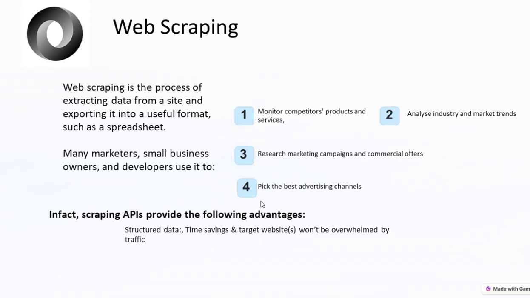Web scraping is used for various purposes: competitor research, marketing companies, finding the best advertising channels. You can analyze industry and market trends. So web scraping is a very important part, and XML and JSON play a very important role in it.